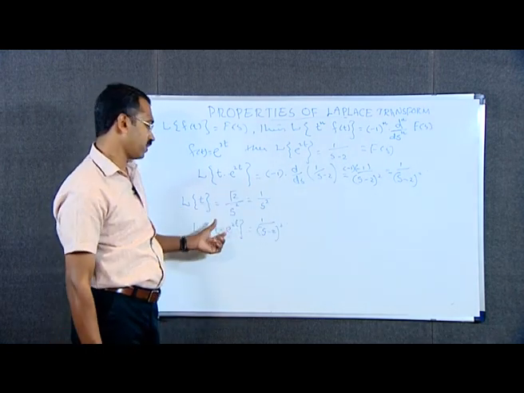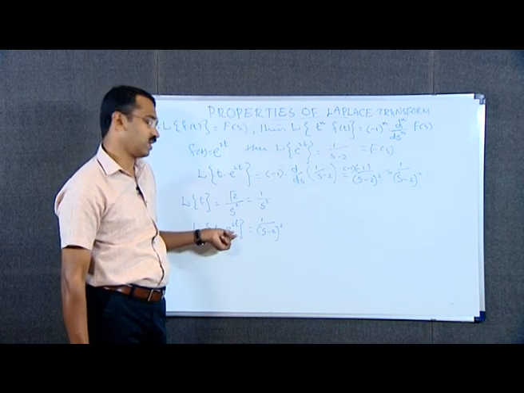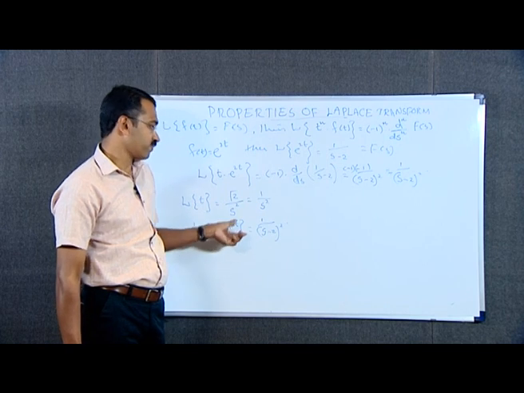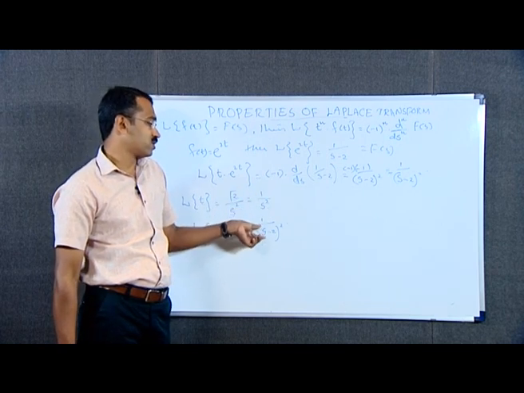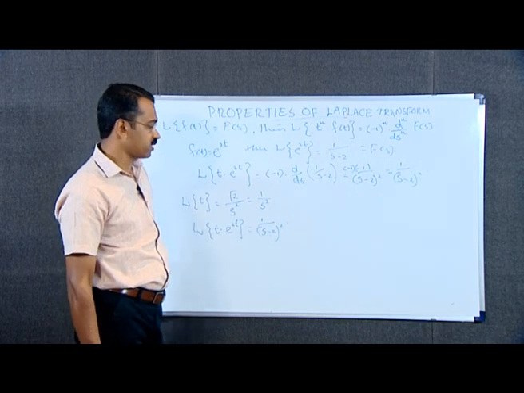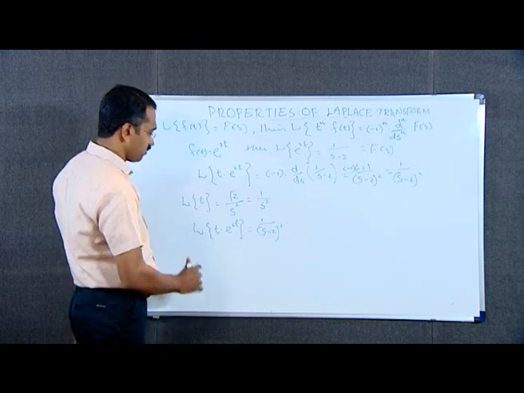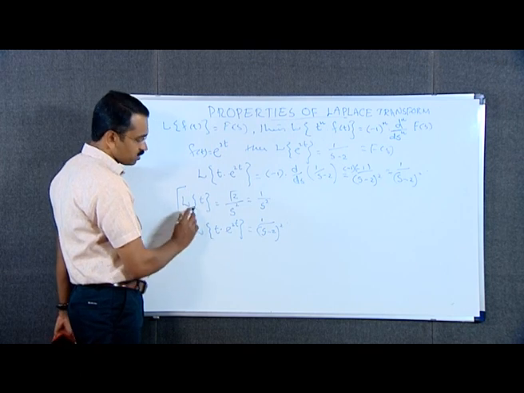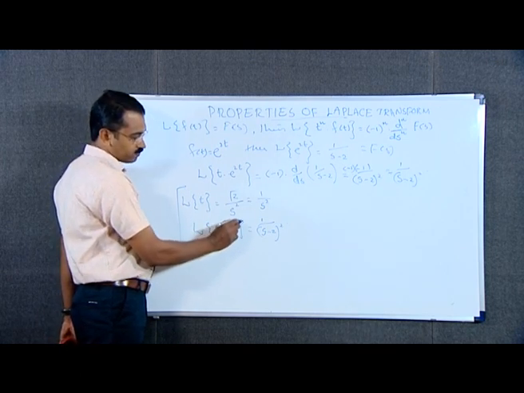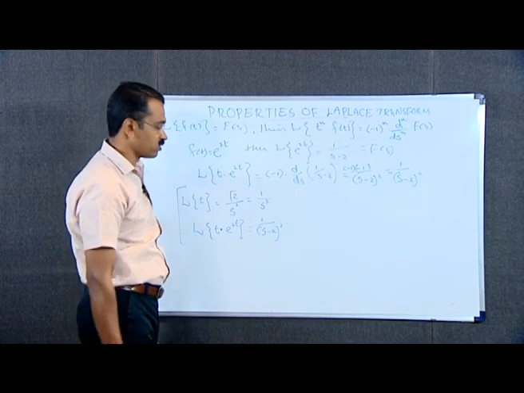If we multiply a function by e raised to at, then taking the Laplace transform means we have to replace s by s minus a, which is the first shifting theorem. By the first shifting theorem, the Laplace transform of e raised to 2t into t is equal to 1 by s minus 2 the whole square.